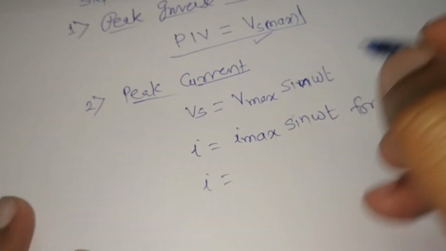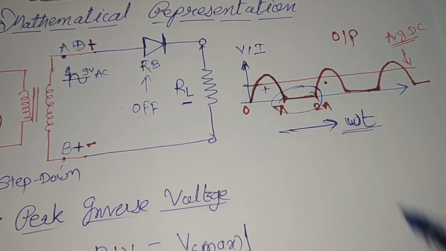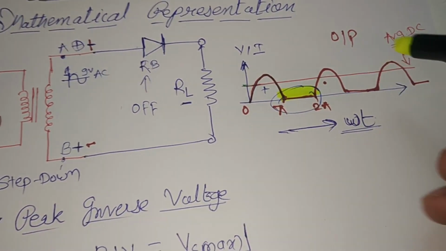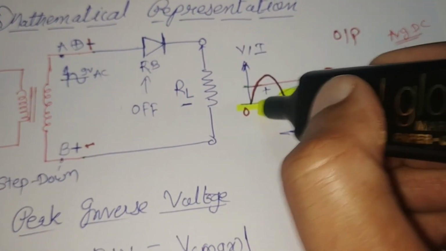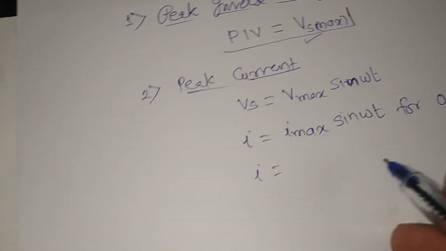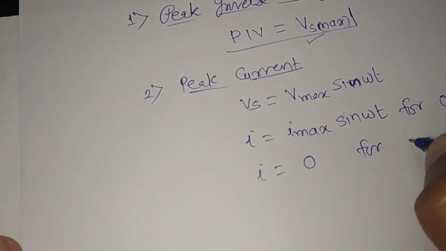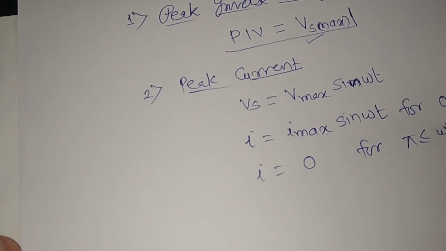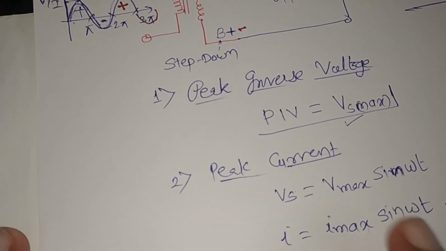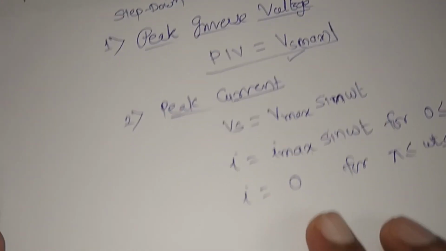And what will be the current value from pi to 2 pi? In this place there is no current, so I will be 0 between pi and 2 pi, right?